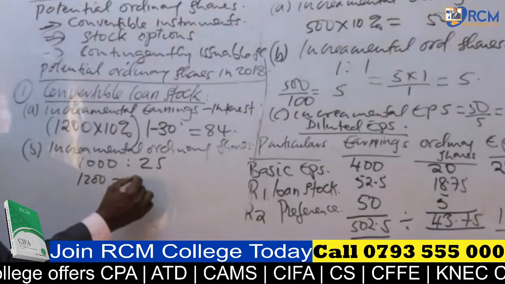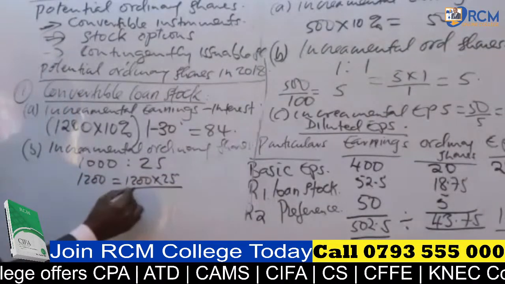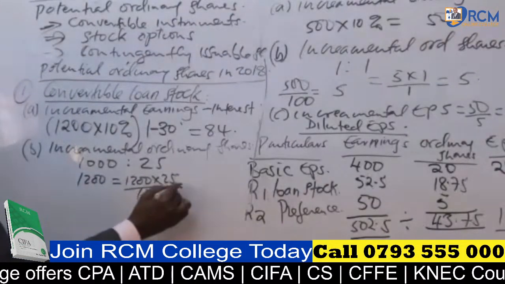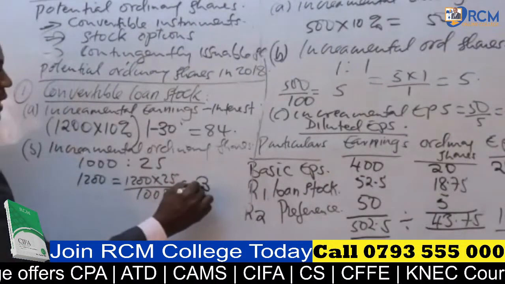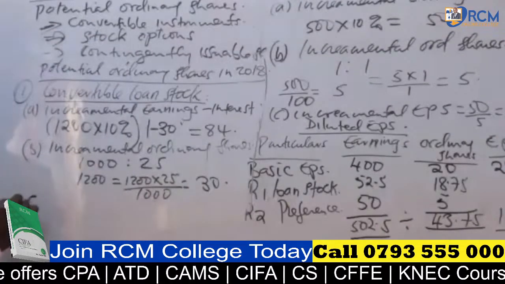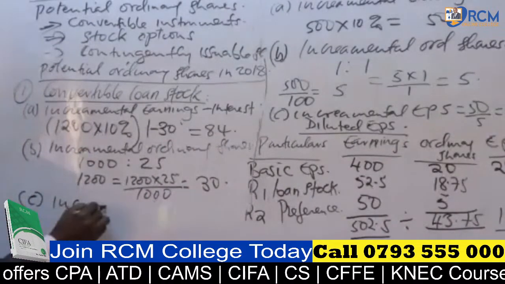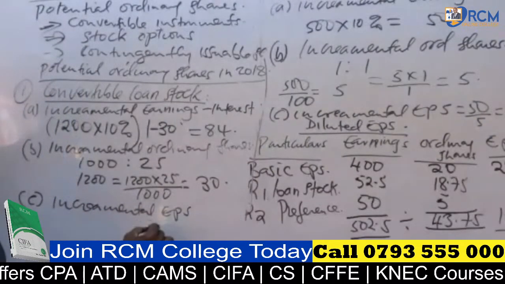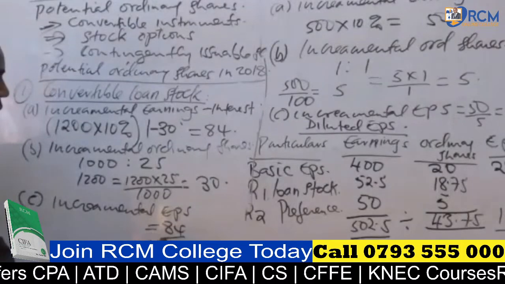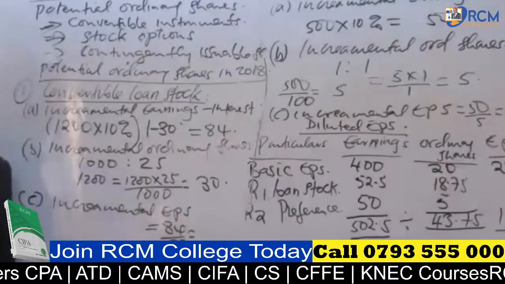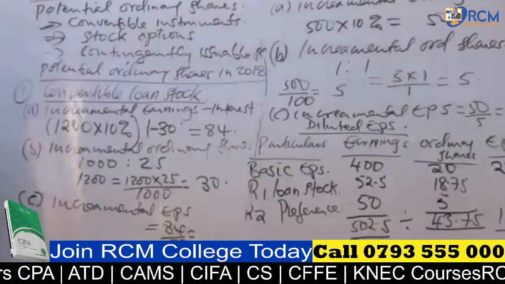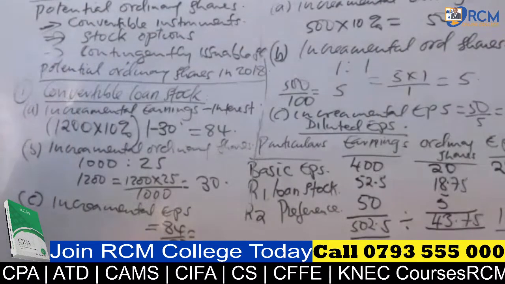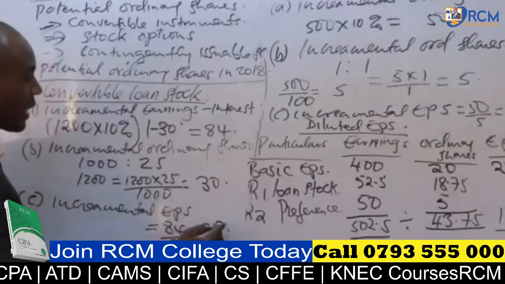Therefore, it is 1,200 times 25 divided by 1,000. I believe that's why you are telling me 30. Then number C, incremental EPS, which equals 84 divided by 30. How much do we have there? 2.8. Thank you very much, 2.8.